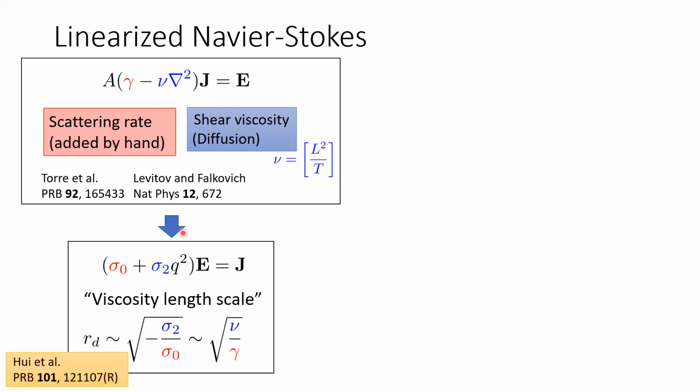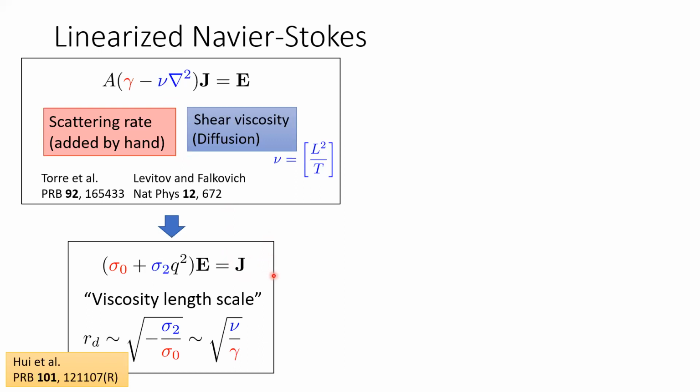It'll be convenient for us to talk about this equation instead in terms of conductivities. So we can go ahead and invert the above equation at long wavelength. You have the sigma naught term, which corresponds to the scattering rate, and the sigma 2 term, which corresponds roughly to the viscosity.